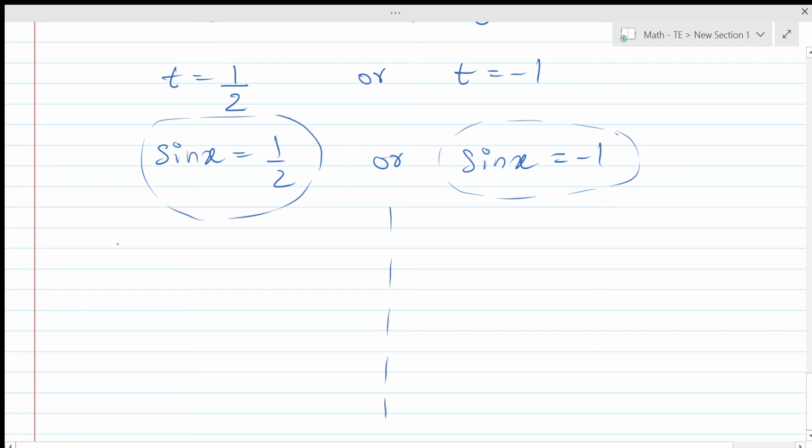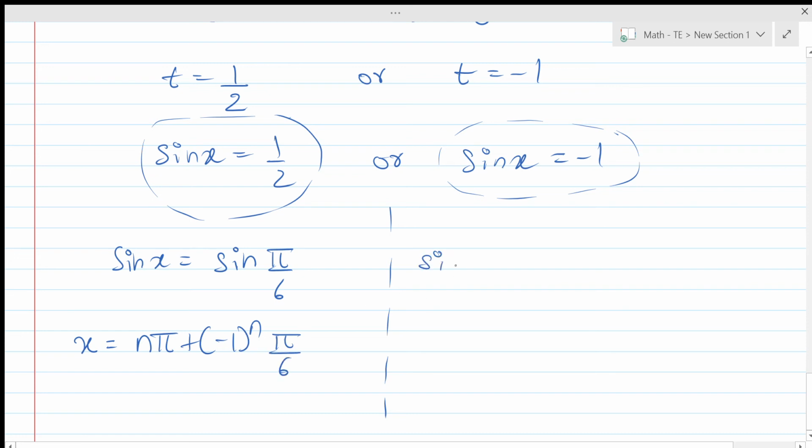So sin x can also be equal to sine pi by 6. Yeah, half is equal to sine 30 degrees, pi by 6. So we can write this as x is equal to n pi plus minus 1 to the power n, pi by 6. And this, sine x is equal to minus 1, gentlemen.